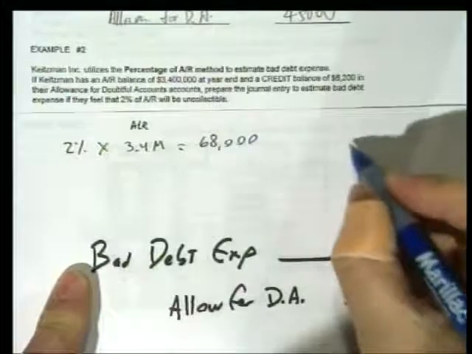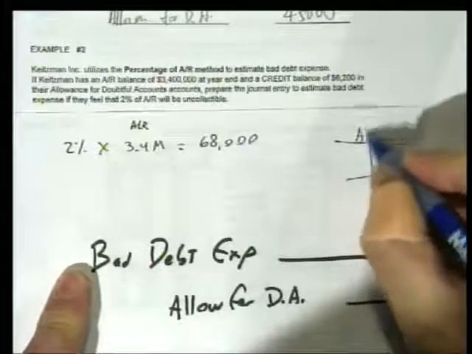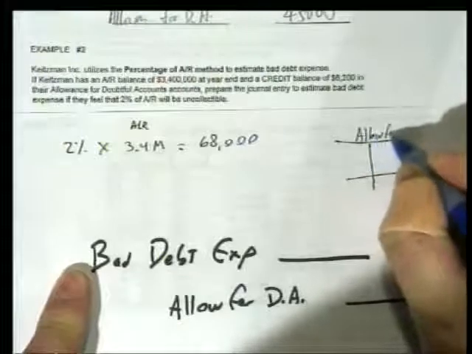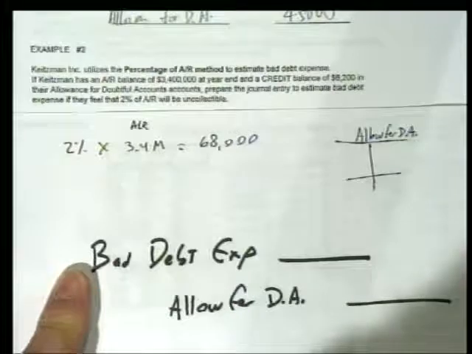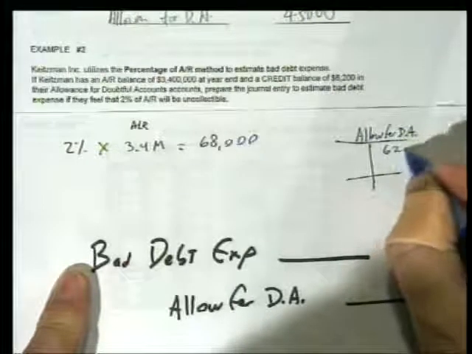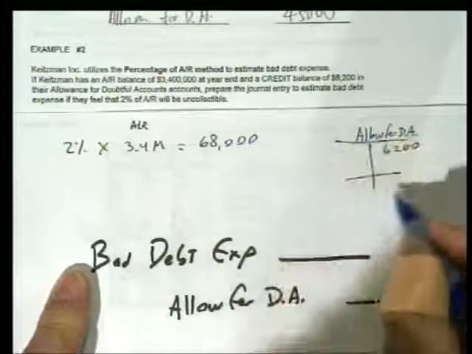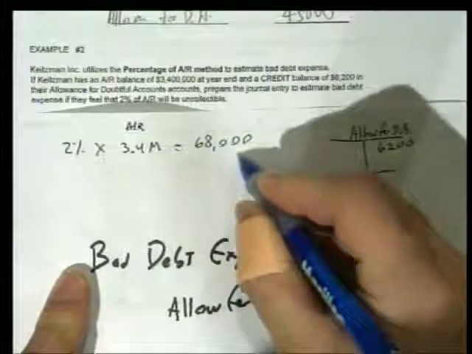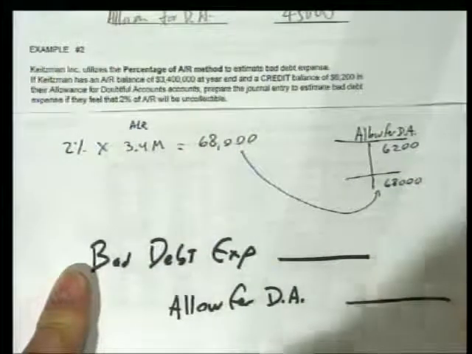What we have to do is we have to do a little T account for allowance for DA. What is the beginning balance of allowance for DA? 6,200, correct? Now we want a desired ending balance of 68,000 on the credit side, right?